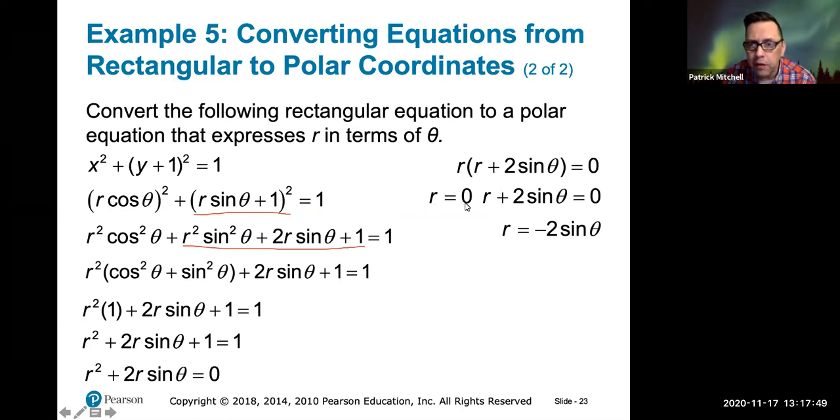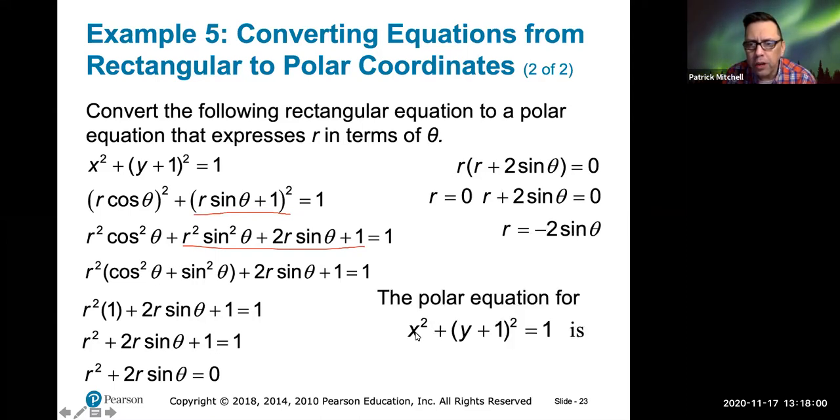So this is just sort of extraneous information that we don't need. It's already included in this equation. So the polar equation for x squared plus (y plus 1) squared equals 1 is r equals negative 2 sine theta. So that is the equation of a circle in polar coordinates.